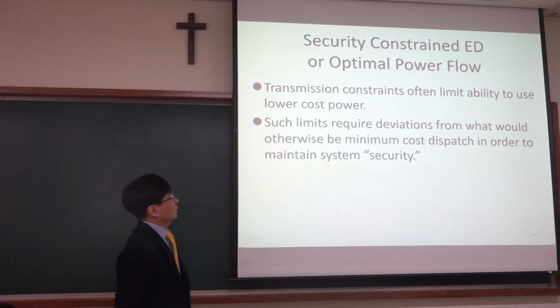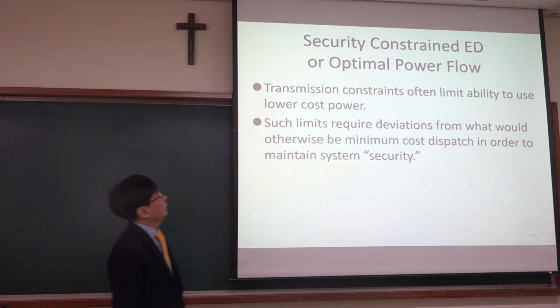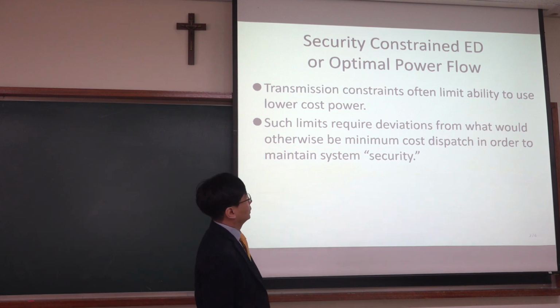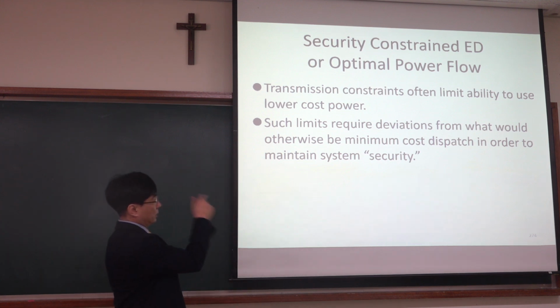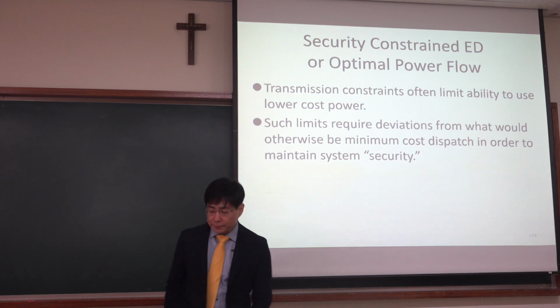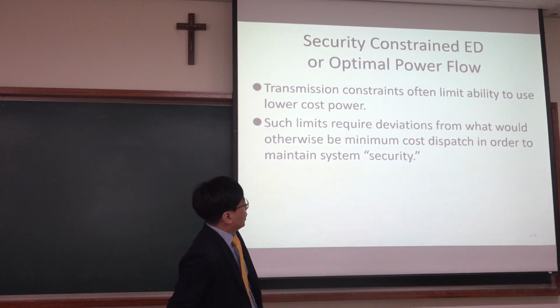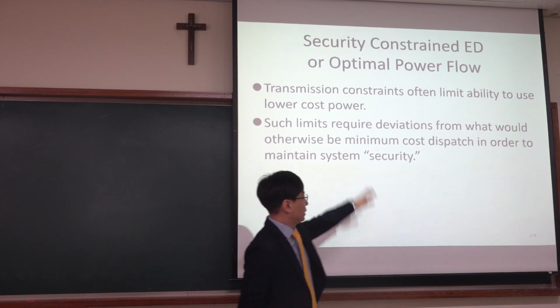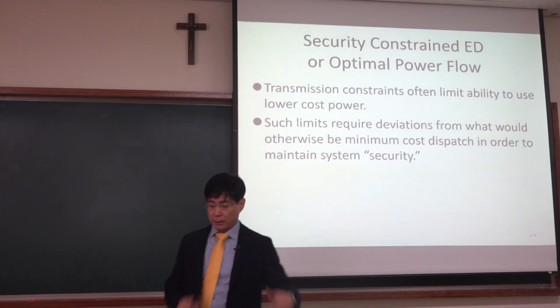Anyway, transmission constraints often limit the ability to use lower cost generators, and such limits require deviations from what would otherwise be the minimum cost dispatch in order to maintain system security. So, security means the supply and demand meet together.